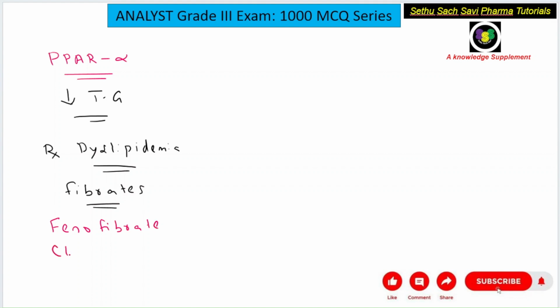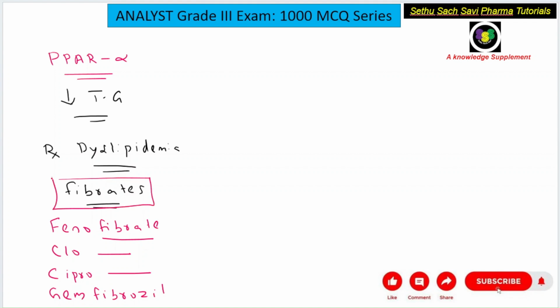Fenofibrate, clofibrate, then ciprofibrate. Also, you need to remember gemfibrozil. The name contains fibrozil. Okay. So these are drugs belonging to the class fibrates, and they are basically PPAR alpha agonists. The function is to decrease the triglyceride level. That's why it is used in the treatment of dyslipidemia.